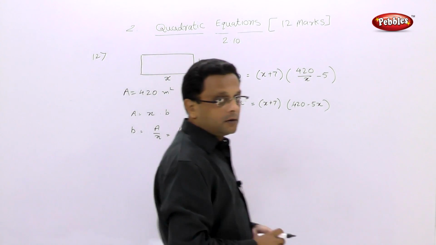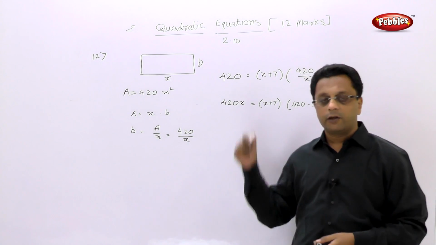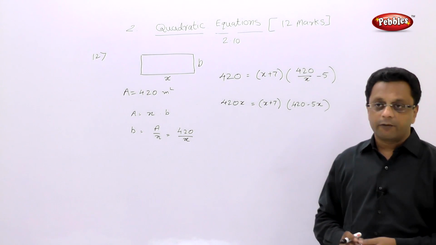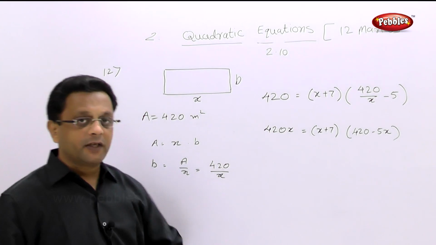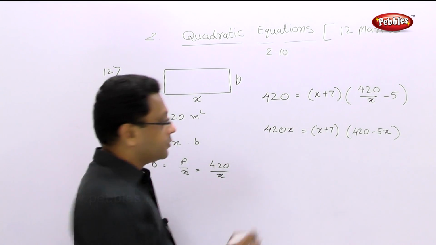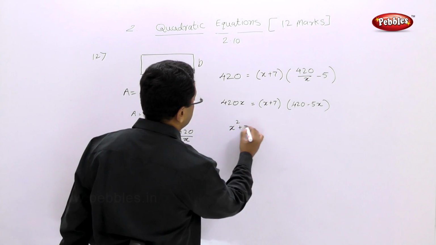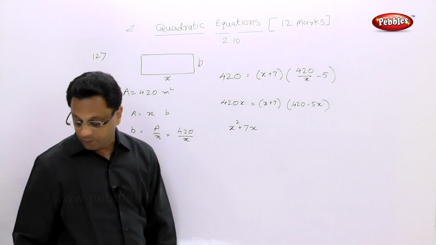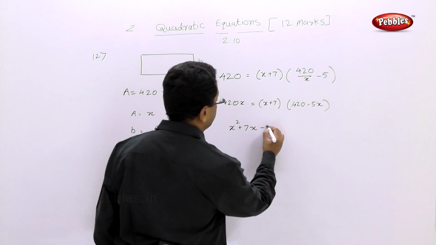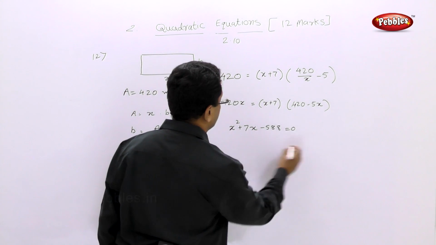Quickly solve this. Pause your video now and solve this quadratic equation. By solving this, you will get a quadratic equation x square plus 7x minus 588 equal to 0.